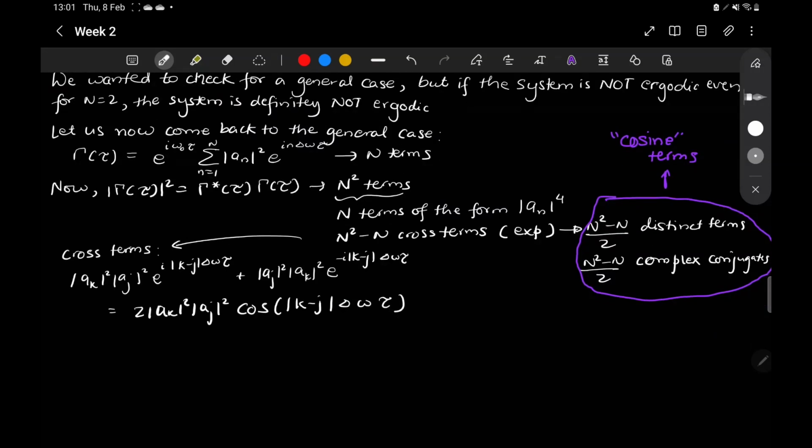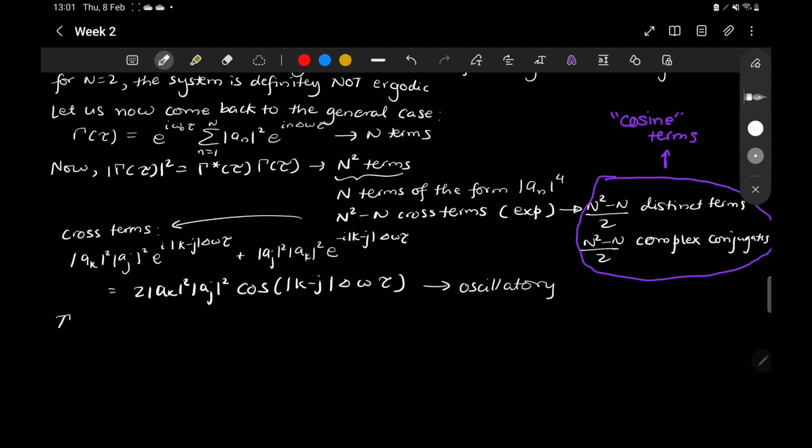Now again we see that this is a cosine term, so it is oscillatory in nature, so it will not tend to 0. So finally we can conclude that as tau tends to infinity, mod gamma tau squared does not tend to 0.